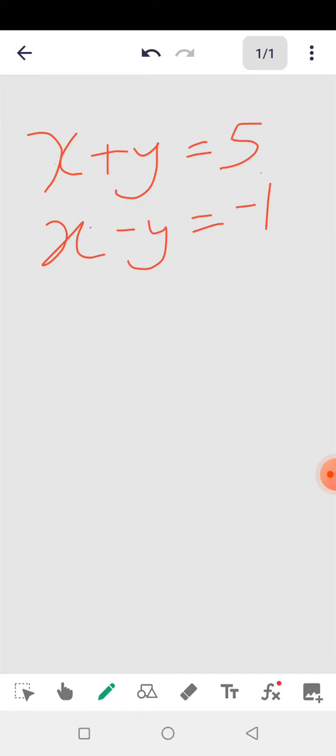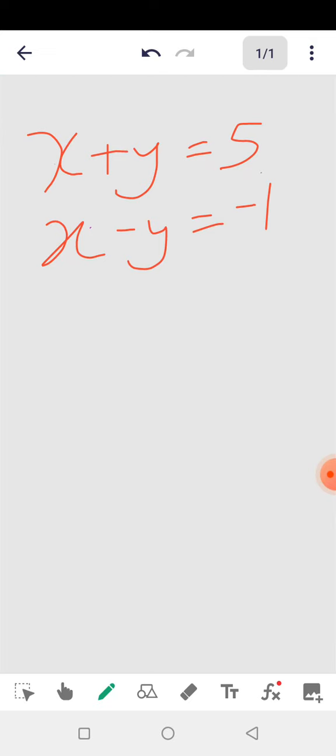Well, except you want to maybe draw a graph, you can draw graphs, then get values for x and y, or you can put them in matrix form and get your answer. These are basically the four ways of solving simultaneous equations.